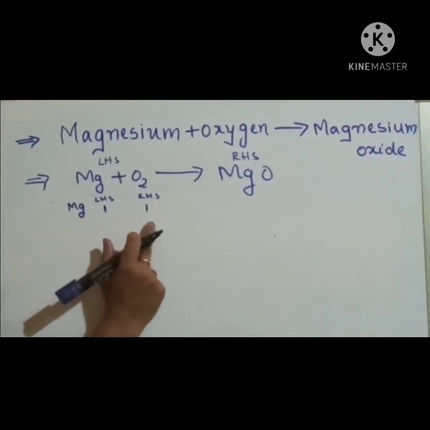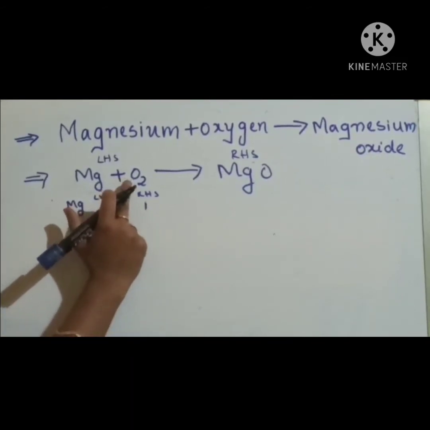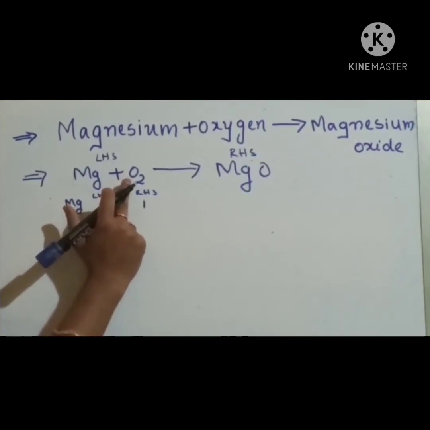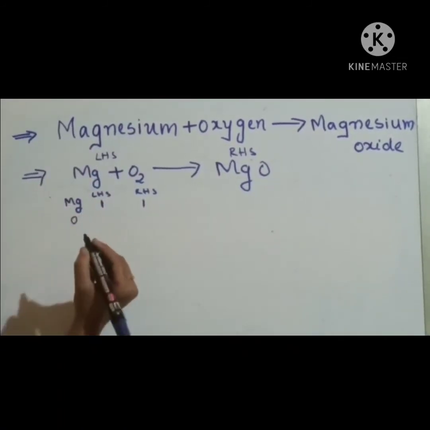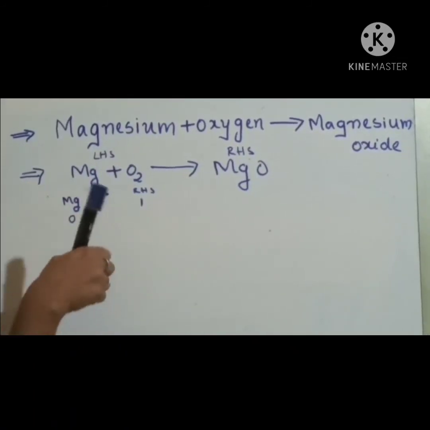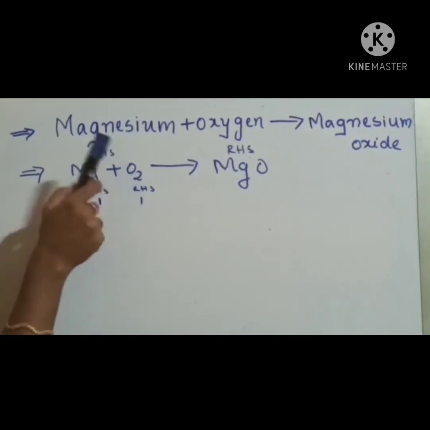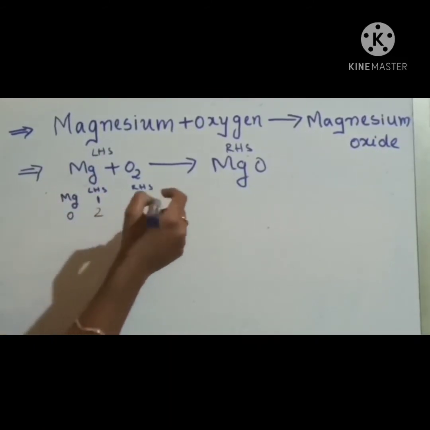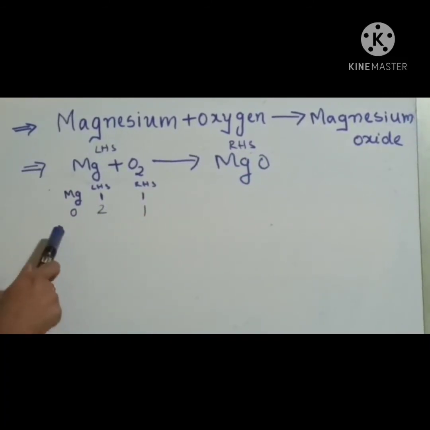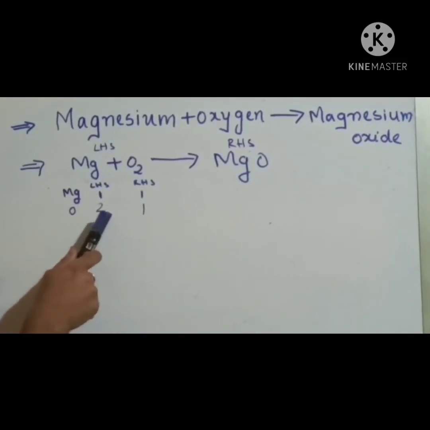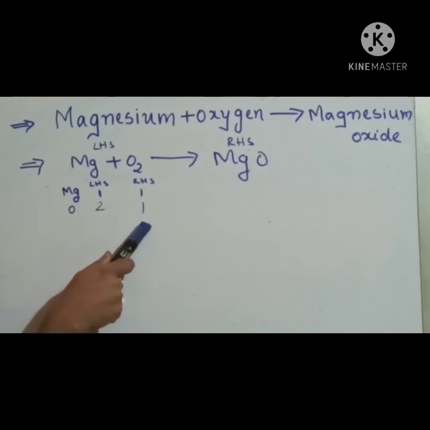Here magnesium is balanced. Next we are going to check whether the oxygen is balanced or unbalanced. The number of oxygen atoms present on LHS is 2. And that on RHS is 1. From this we can say oxygen is not balanced.